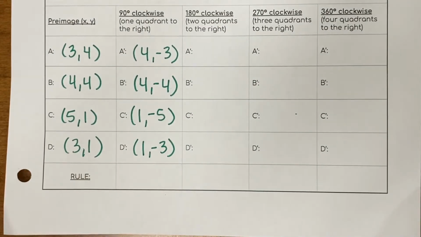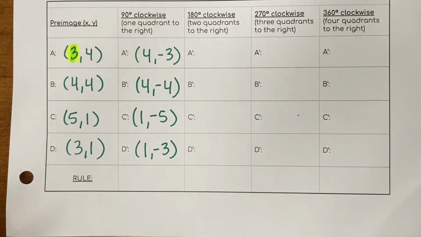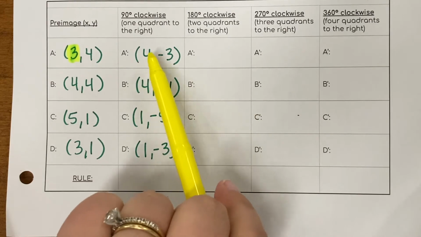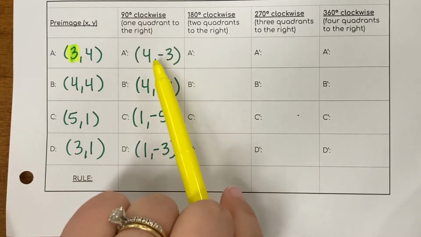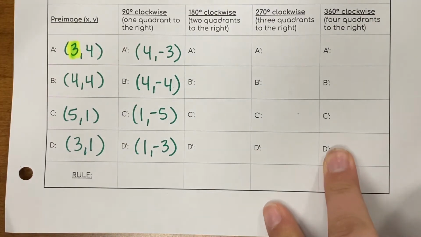So let's compare these points right here. The first thing we're going to do is look at our x values. So let's look at our pre-image. Our pre-image 3 was my x value, and when I look at my 90 degree clockwise rotation, I'm looking to see, is the 3 still in the x place?